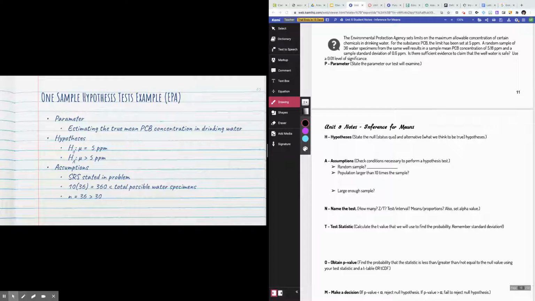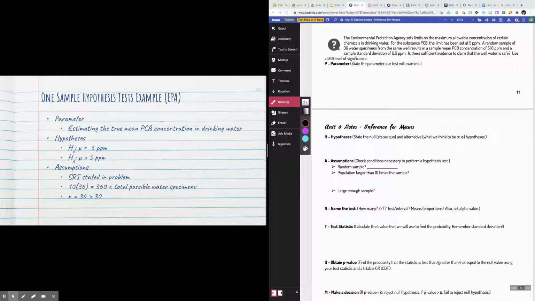The EPA does this a lot, where they will set a limit on the allowed concentration of chemicals in drinking water, because if you have more than that, it can get to unsafe levels for people to consume. In this problem, we're talking about a substance called PCB, and the limit is set at 5 parts per million.